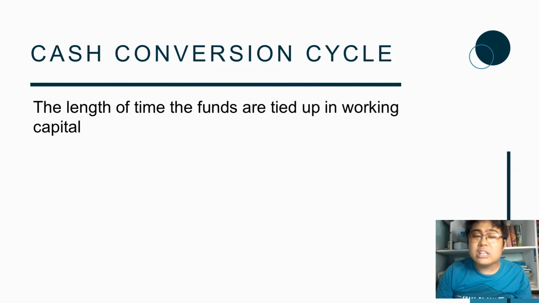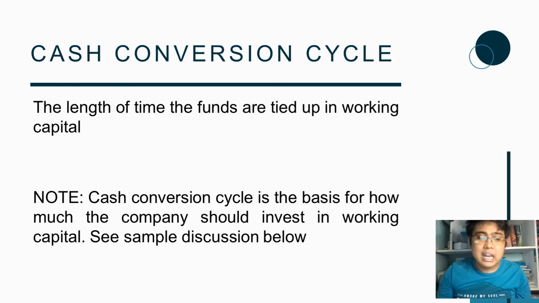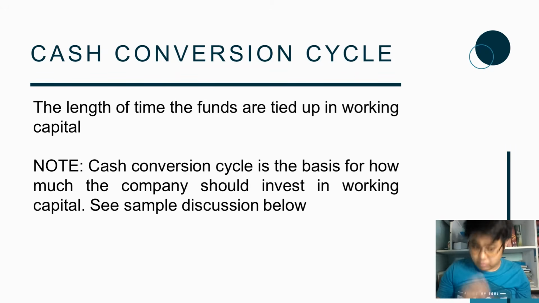Pag tinagalog, nire-represent niya yung haba ng panahon na ang pera nakatali sa working capital. So, ibig sabihin, cash conversion cycle is really the basis kung magkano ang ilalagay mong pera sa working capital. Okay, kaya nga, cash conversion cycle is the basis for how much the company should invest in working capital. To understand that, let me give you a simple illustration.